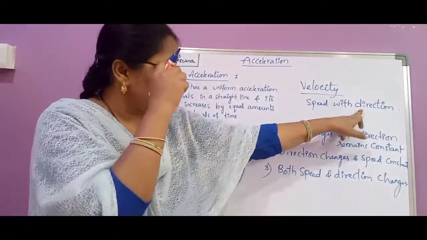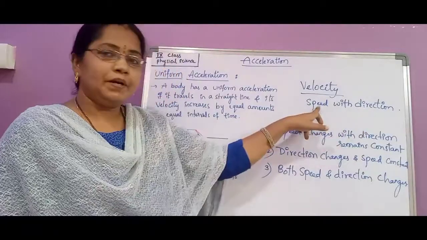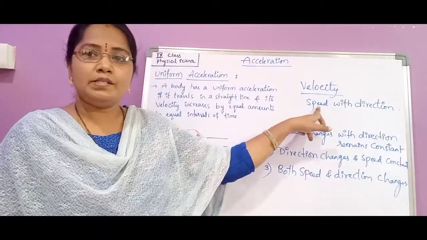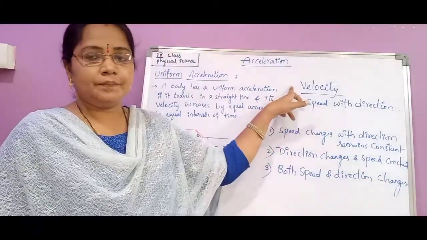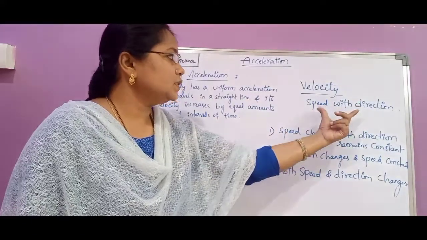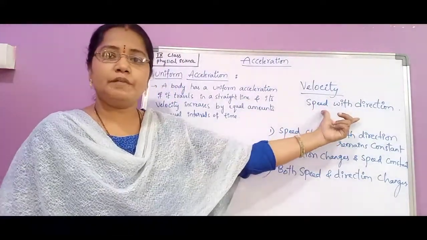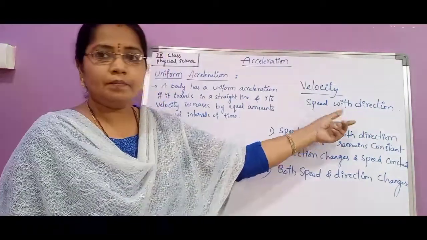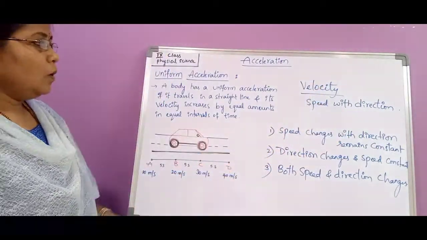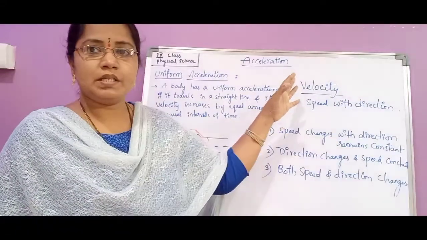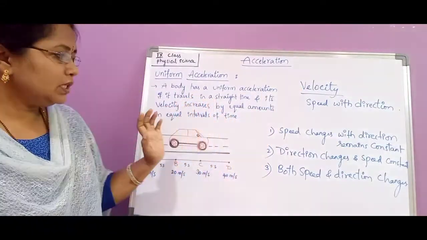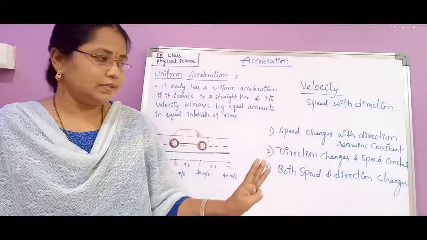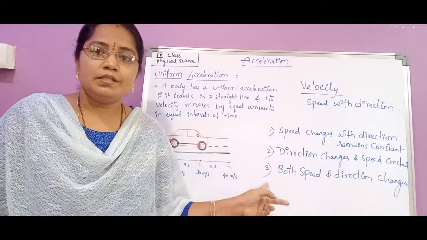When the direction of motion changes but speed remains constant, in that case also the body is having some change in velocity. Or both speed and direction change simultaneously. In that case also the velocity is changing. So the change in velocity takes place in these three ways.